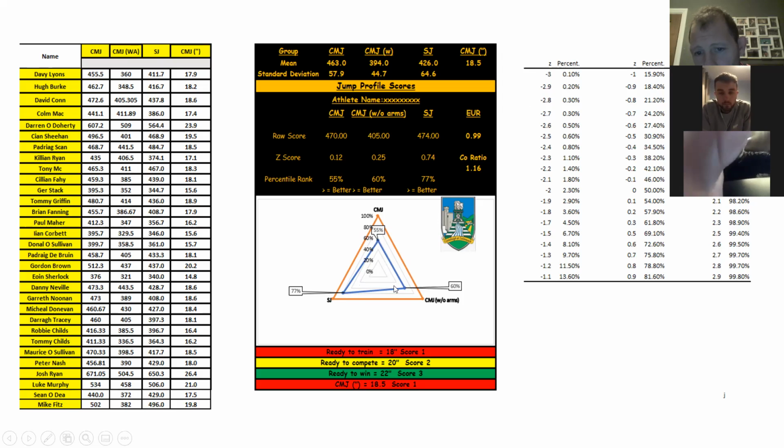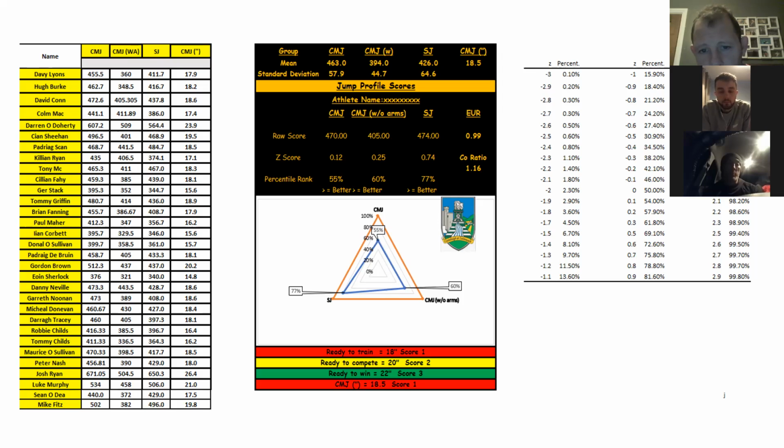Squat jump without arms was at 60%. What that does is it allows you to, number one, give them a ranking within the group, based off standardizing all their scores. And secondly, and even more importantly, it gives them a really good indication of where they are between jumps.